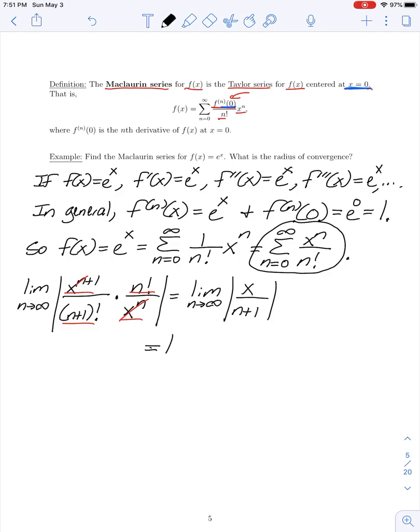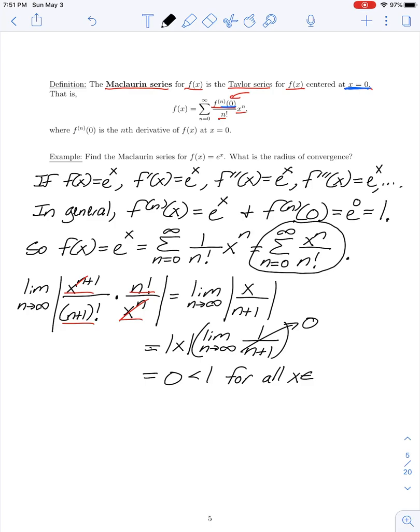Taking the absolute value of x out in front of our limit, we have the limit as n approaches infinity of 1 over n plus 1. And this limiting value, as n gets larger, is 0. So we get a limit of 0, which is less than 1, for all values of x, which are real numbers.